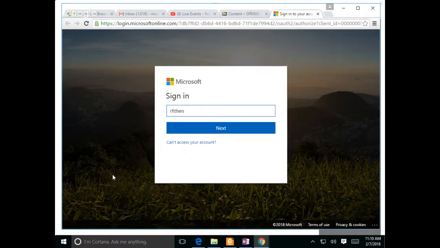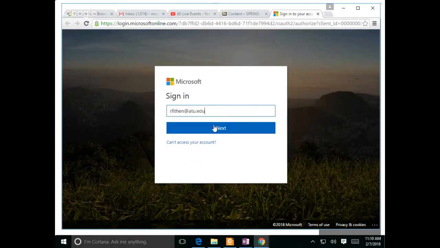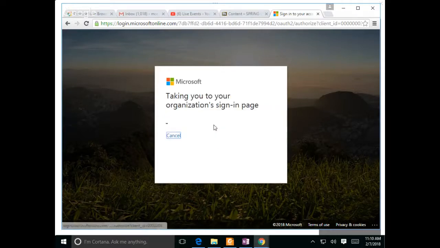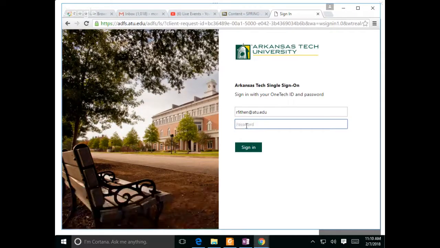I don't know if I'm supposed to put in atu.edu. Then it probably sends me back to this, which is the oddest thing. But that's because they pay for a license for this, for the campus, so they get a server and all this other stuff.